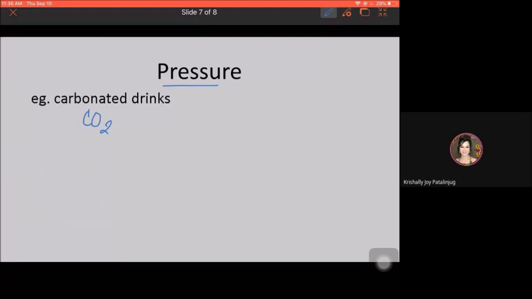Kaya nga naman, ang carbon dioxide as a gas, nag-escape na siya from that bottle. So, wala na kayo palatability ngayon na characteristics yung soda drink na iniinom mo. Okay? So, again, si carbon dioxide din yung reason na lami ang soda drinks.